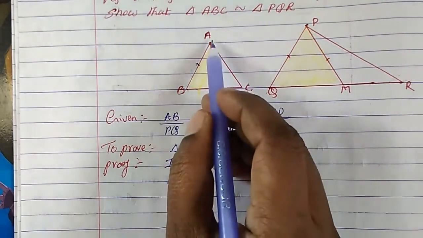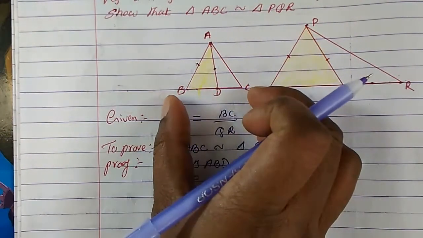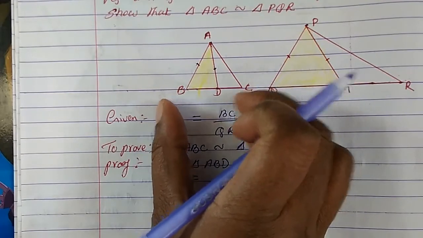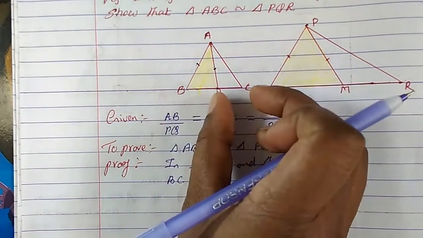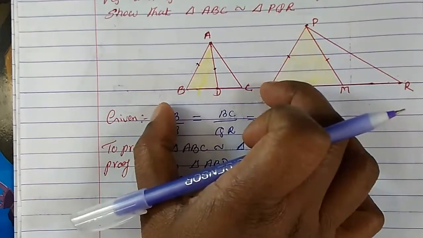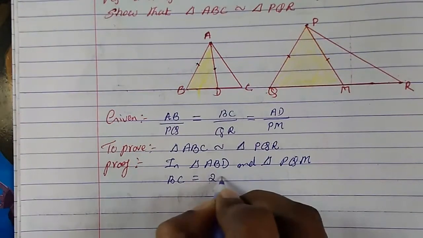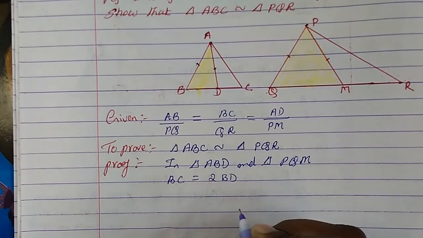Median means this line is dividing this line equally in half. That means BD is equal to DC. So can I write BC is 2 times BD? So that's what we'll write, 2 times BD.